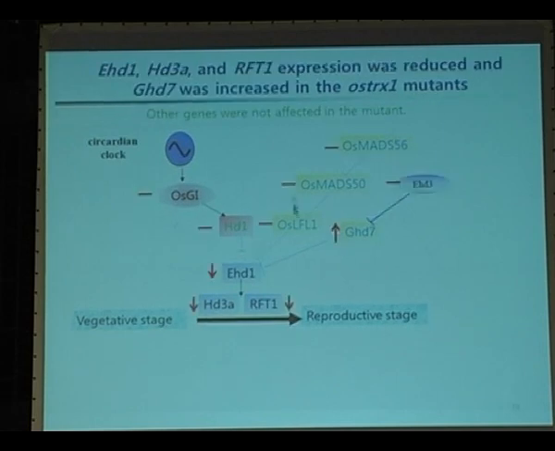As expected, if we look at expression levels, for all other genes there's no difference except GHD7. EHD3 was published a couple of years ago by Jano's group, and this is an upstream gene of GHD7, there's no difference. Therefore, that will be working over here or maybe independently.